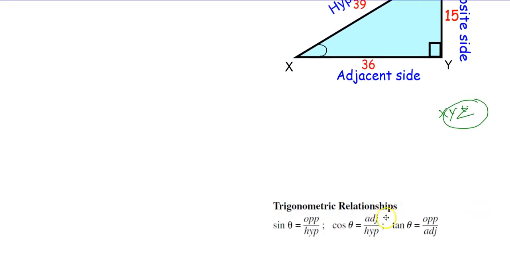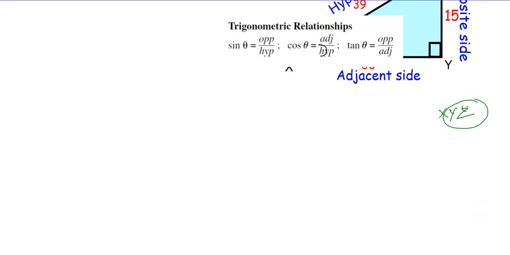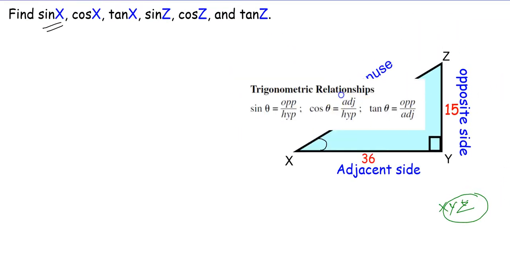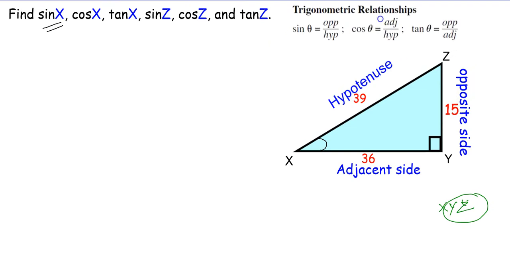We already know what is meant by sine, cosine and tangent. I'll find sine x first. Sine x equals the opposite side YZ, which is 15, over the hypotenuse, that is 39.